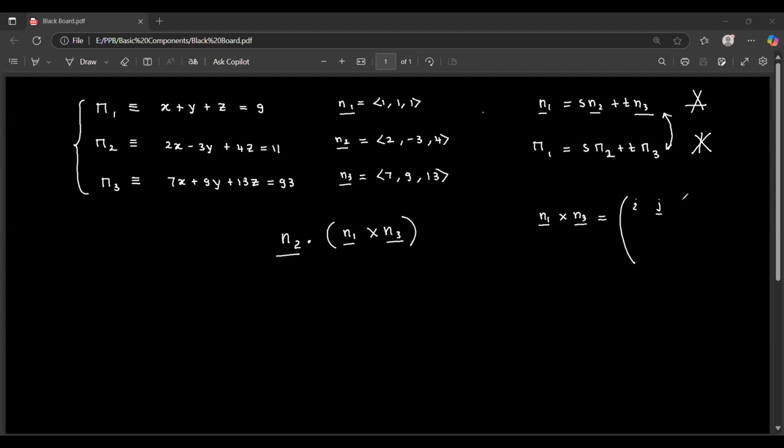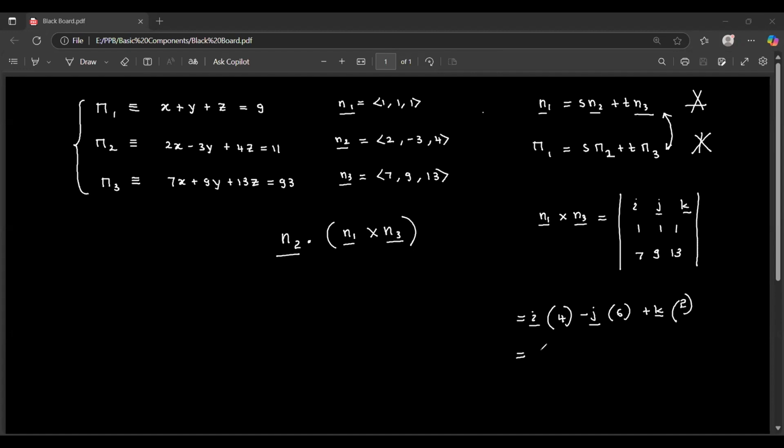n1 and n3 will give you the values i, j, k. This is the determinant. Here we have 1, 1, 1 and 7, 9, 13. The i component can be written as 13 minus 9, so that is 4, minus j into 13 minus 7, which is 6, plus k into 9 minus 7, which is 2k.